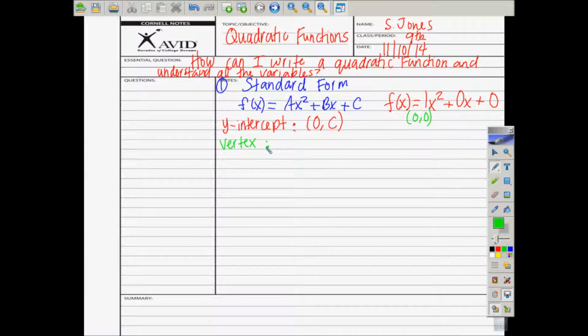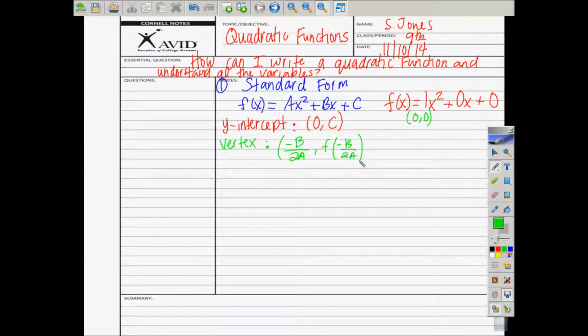Okay. You find your vertex by plugging in the variables into the vertex formula. It's not a complex formula. We're going to do an example, which is going to make it less complex. Okay?